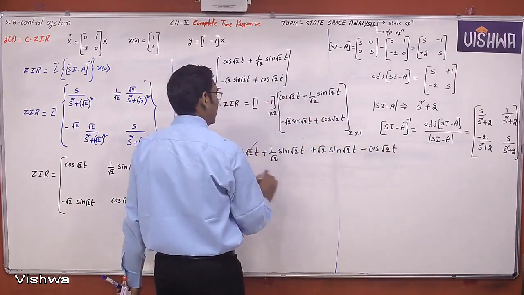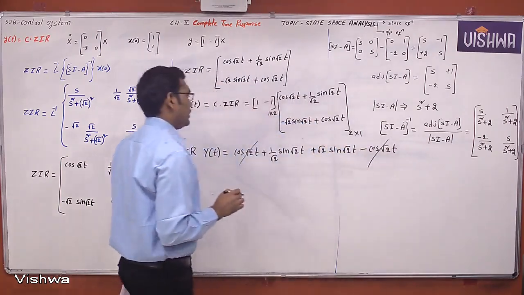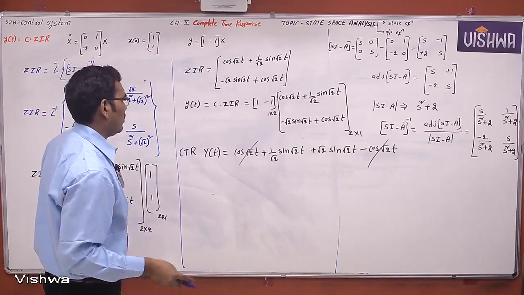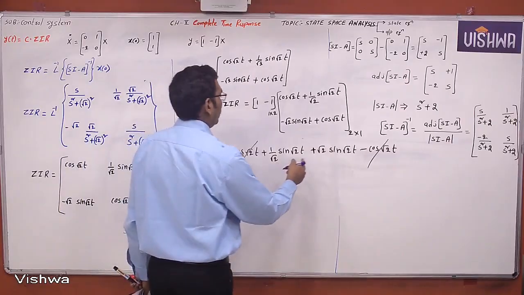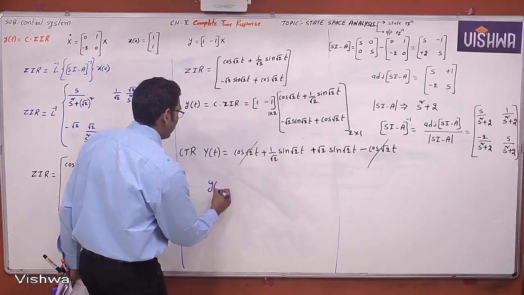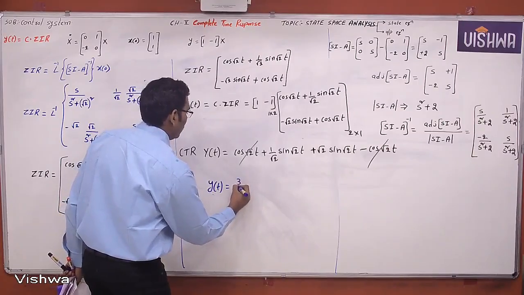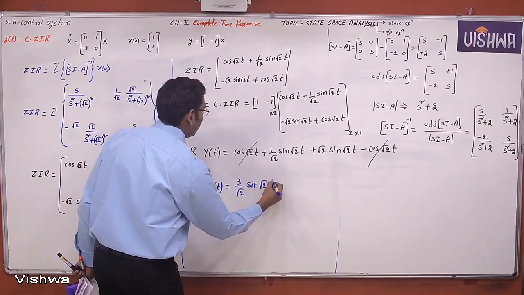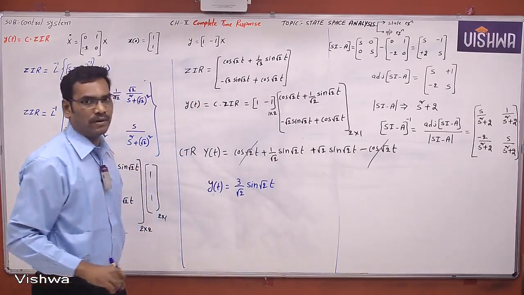Cos root 2t minus cos root 2t cancel. Now taking sin root 2t as common, root 2 plus 1 gives 3 by root 2. Therefore the complete time response y of t is equal to 3 by root 2 into sin root 2t. This is the complete time response. Okay, note down this.